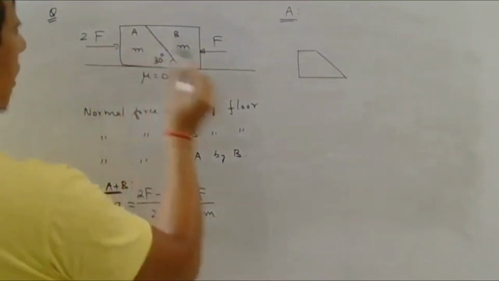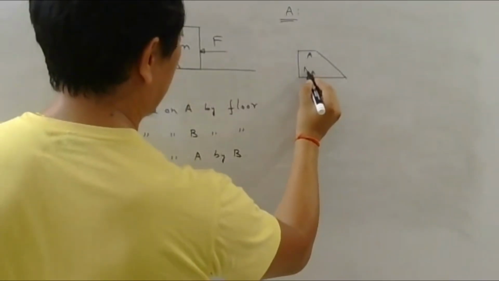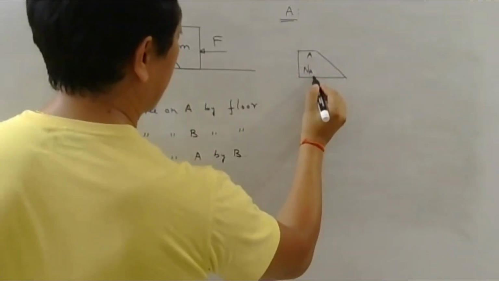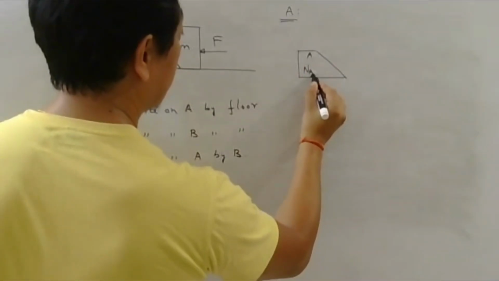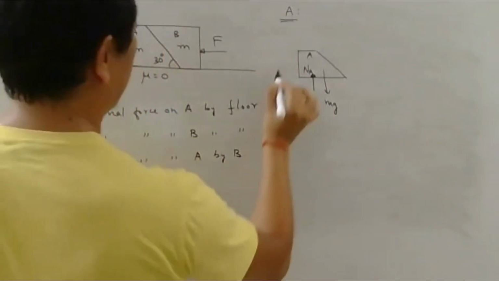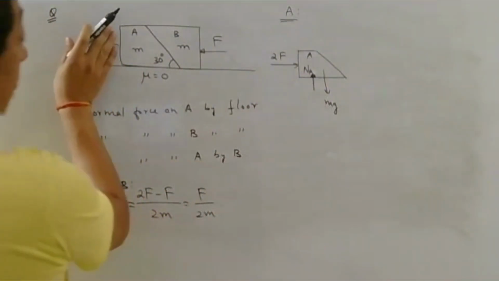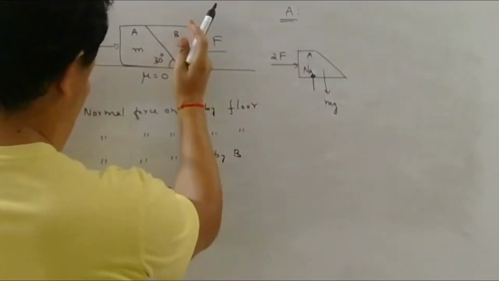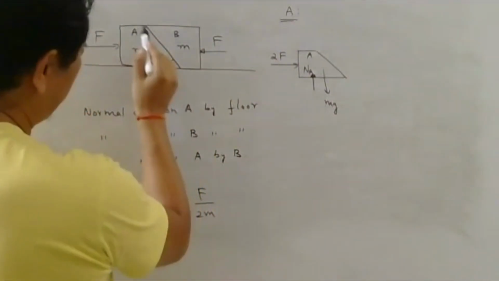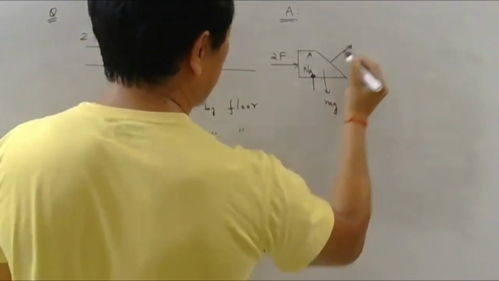Now let us go with block A. Here the normal force is NA, let's say, from the floor. Then mg. Then here 2F. Now remember, when the system is accelerating this way, A is pushing B this side. But the surface is this way and normal force is always perpendicular to the surface in contact.